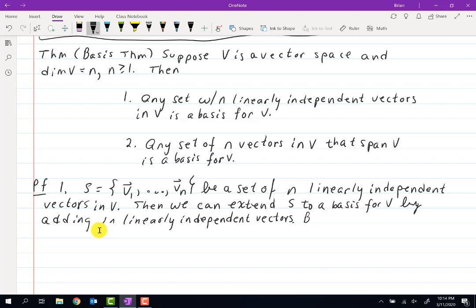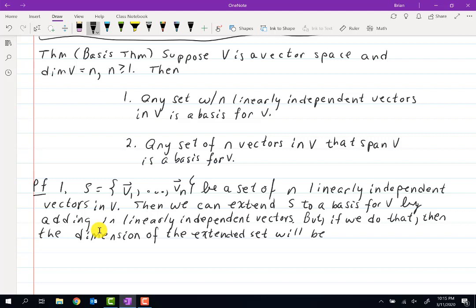But if we do that, then the dimension of the extended set will be greater than n. So S must be a basis itself.